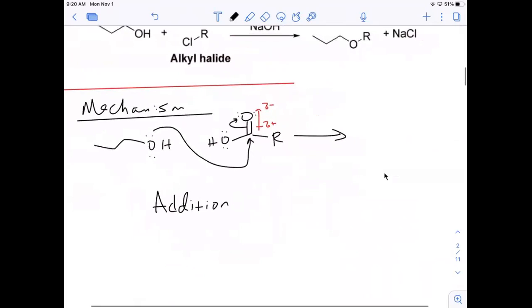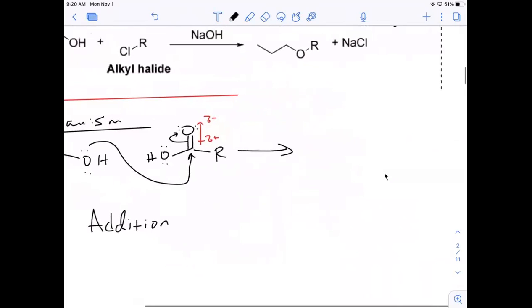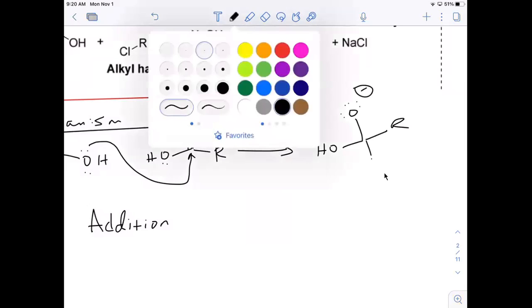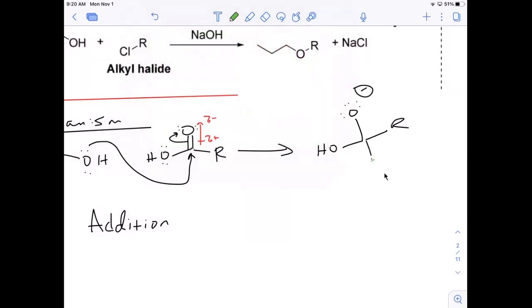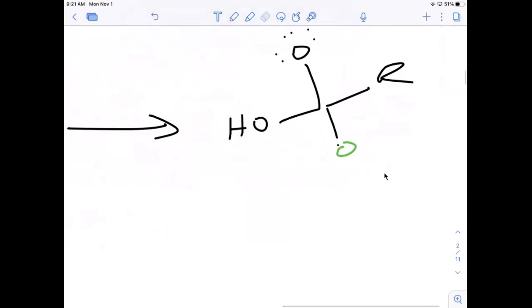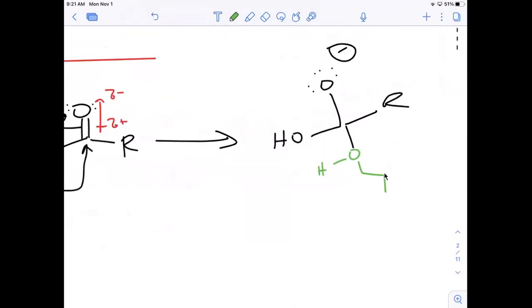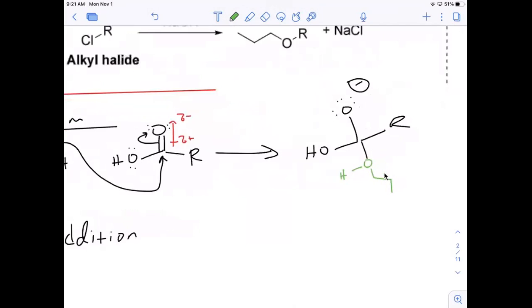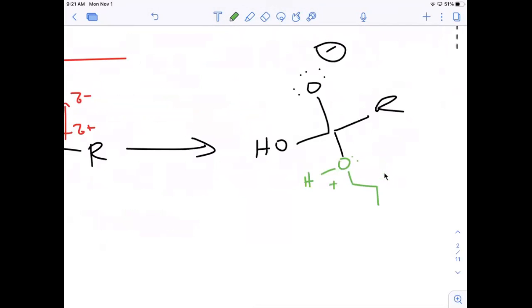So after the addition step, we get to an intermediate, which looks like this. So this is OH. This is O minus. This is R, and then this is, we'll change the color on that, O. And then this is positive.